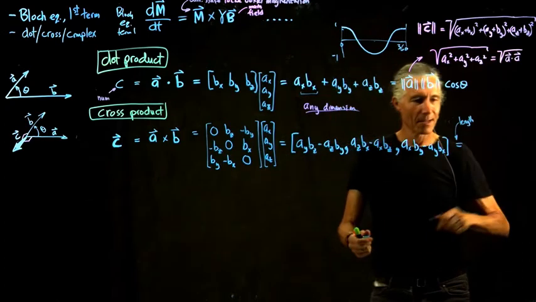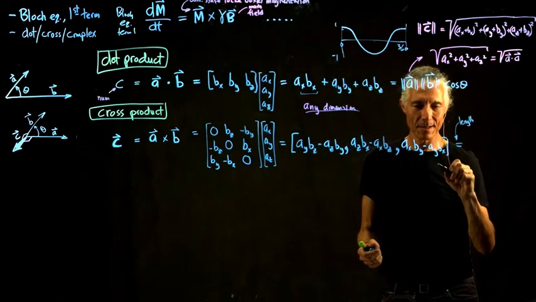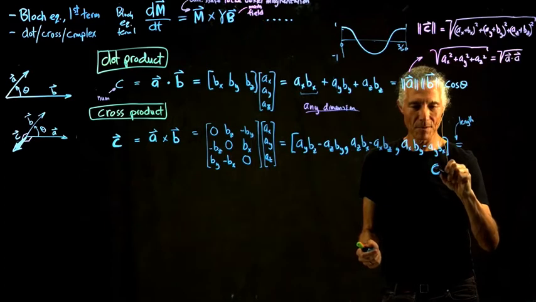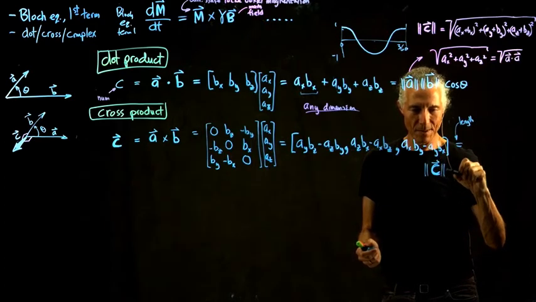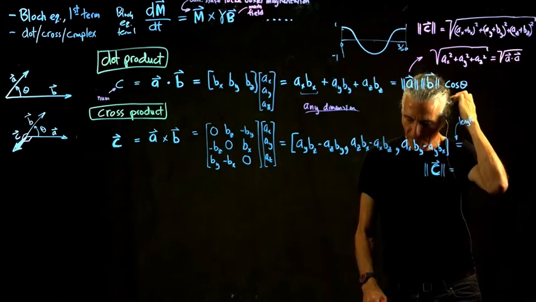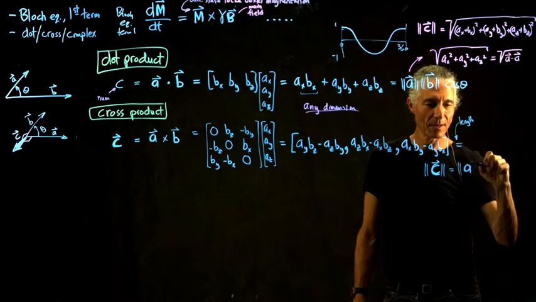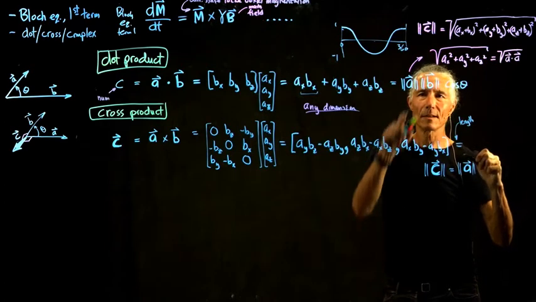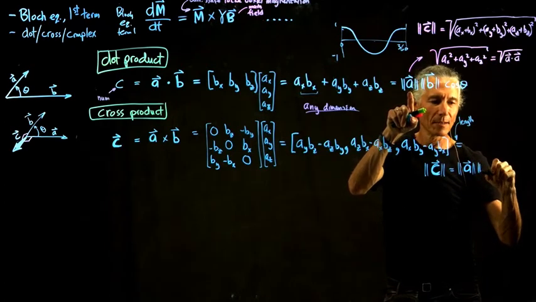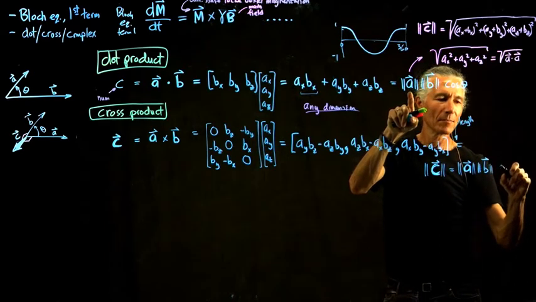Another way to write it is, here's the output vector, and we take the length of it, and that equals the length of the A vector, just like we did up here, times the length of the B vector, times the sine.